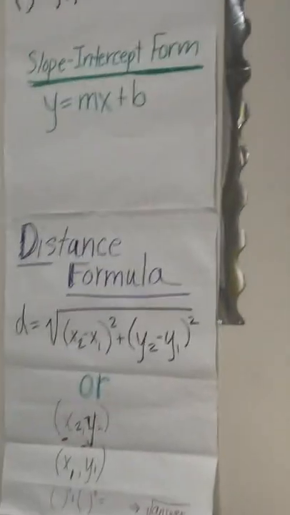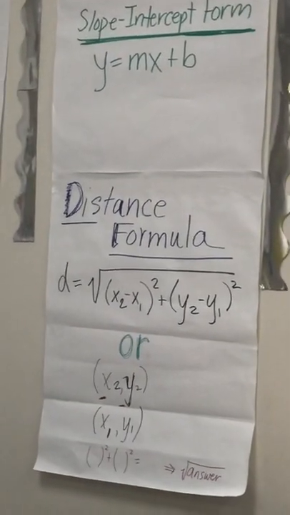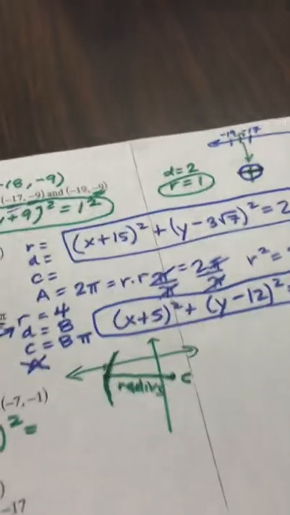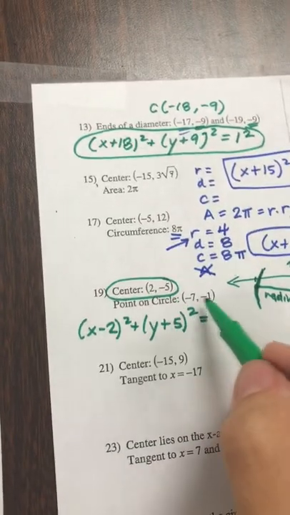So I think about that poster over there, right? That's the distance formula. If I knew the distance between those 2 points, then I would have my radius squared. So let's do it.